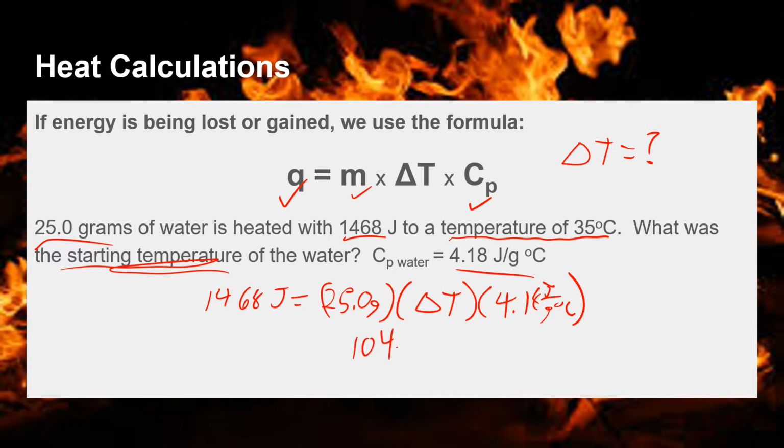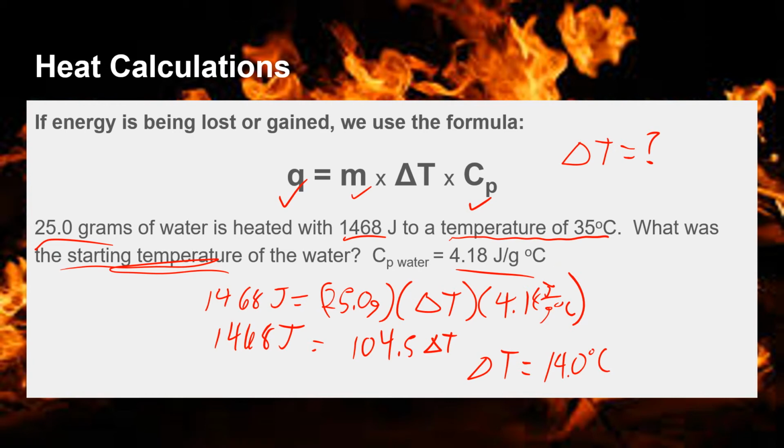So 104.5 delta T is equal to 468 joules. And then to get delta T, we're going to divide both sides by 104.5. So 468 divided by 104.5. That time I did do what I was supposed to do. So delta T turns out to be 4.48, so 4.5 with two significant digits.